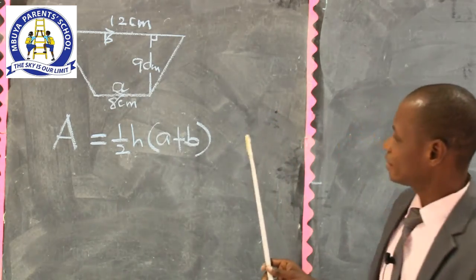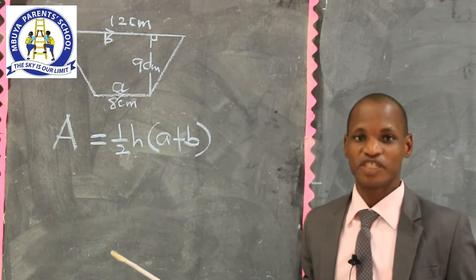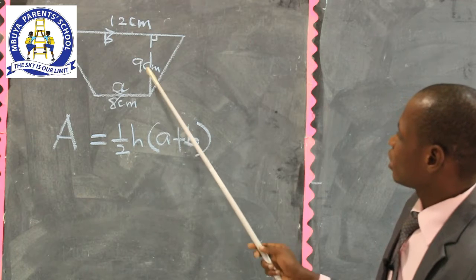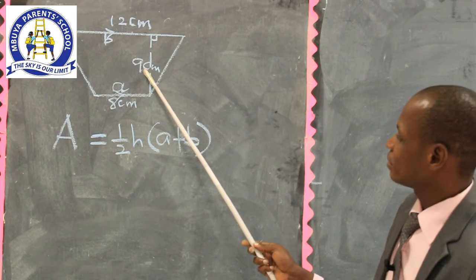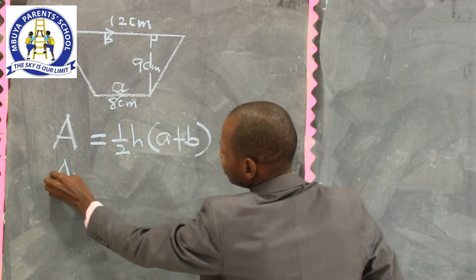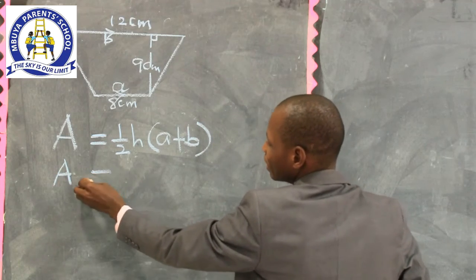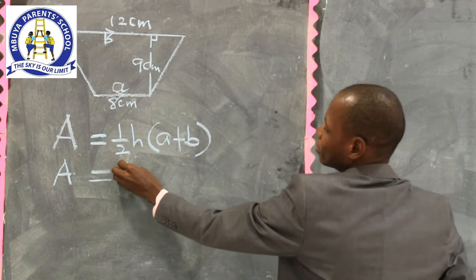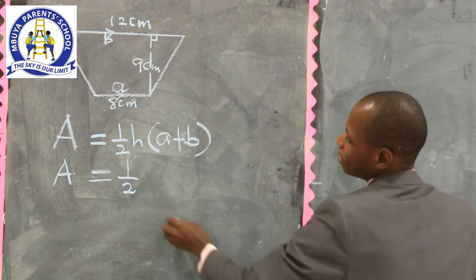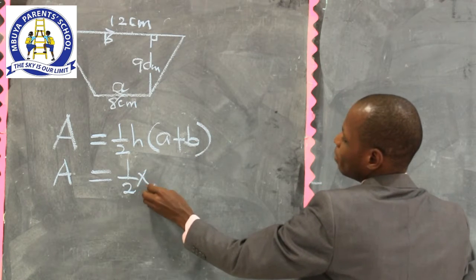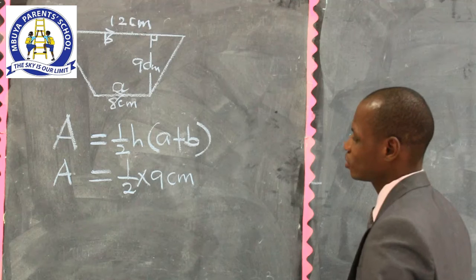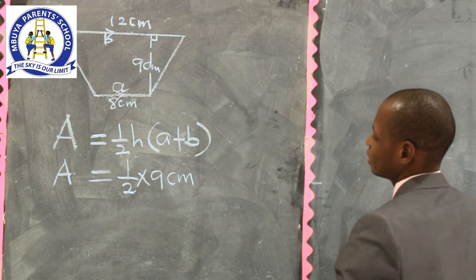So the next step will be substituting. Where H is, we have put there 9 centimeters, and the A is constant, representing area. So the a half is also constant. Then we shall multiply by 9 centimeters as the H, meaning the height.